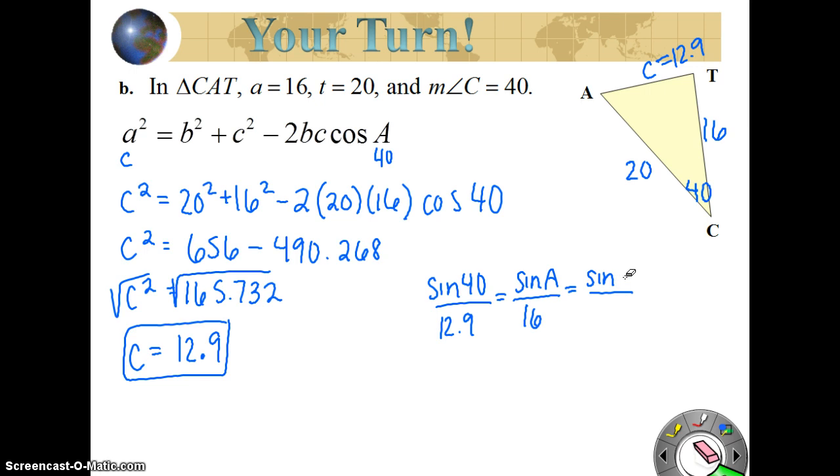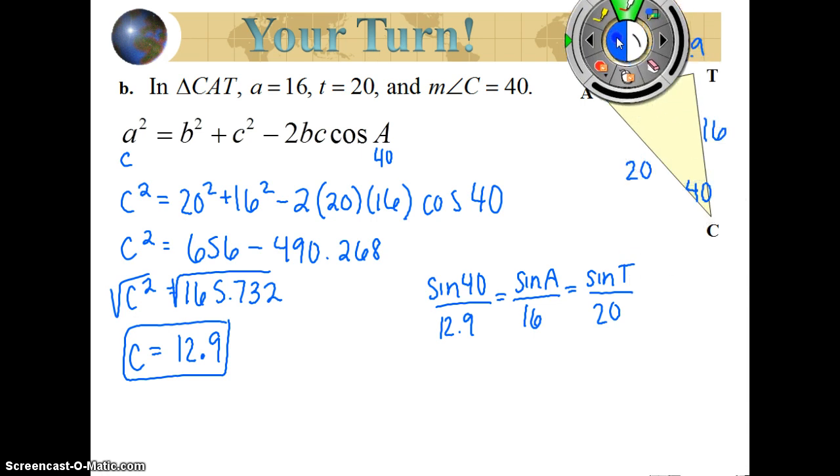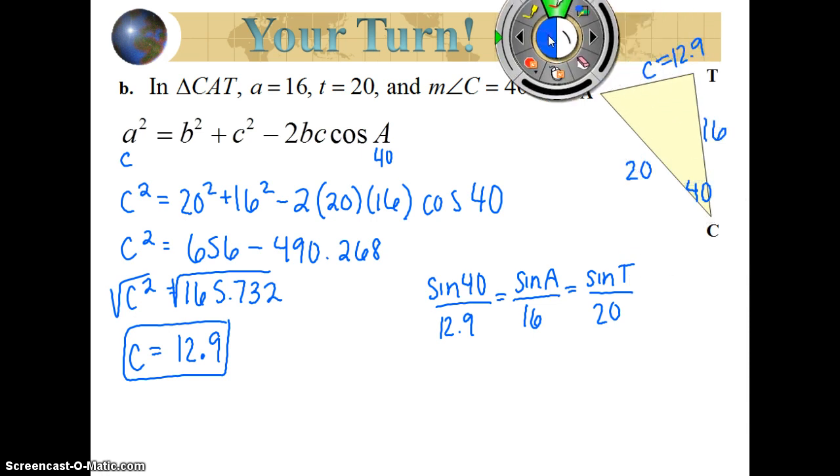I meant the sine of T over 20. So I'm just going to go ahead and set my first two ratios equal, these two right here. So I'm going to get 16 times the sine of 40 is equal to 12.9 times the sine of A.